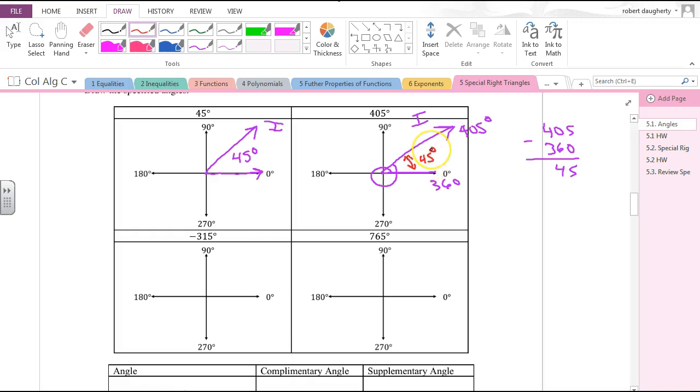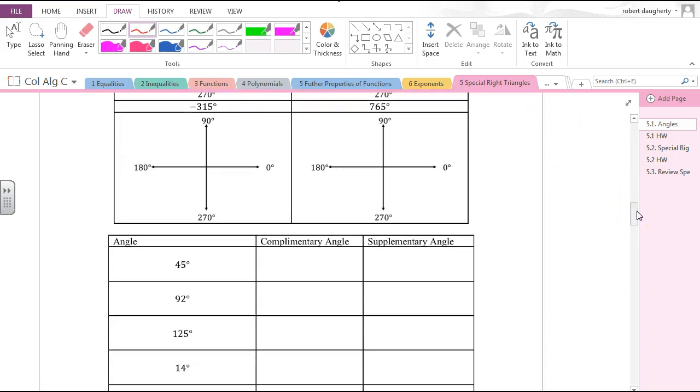You're going to need to get comfortable with this: you drew 405 degrees, that's a 45 degree angle between the x-axis and there. The reason we do this is because later, if I ask you to find the sine of 405 degrees, really it's going to be the same as the sine of 45 degrees. So that's why we break these things down. We'll do more of that later. Right now, I just want you to get comfortable with drawing these.